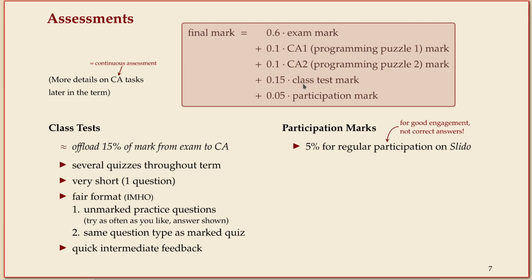The combined class tests I talked a bit about. That's the online quizzes that you'll do throughout the term. That gives you another 15%, and 5% is just for sitting here and clicking, right? That's the easy mark to earn. That's for participating in Slido. It doesn't matter if what you say is correct, if the question has a correct answer anyway.